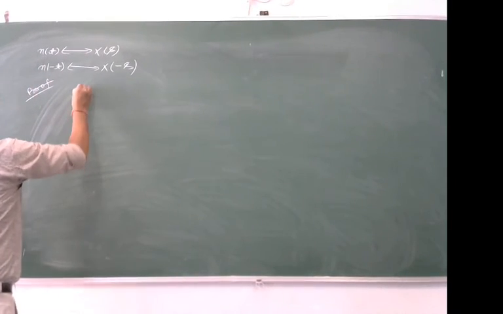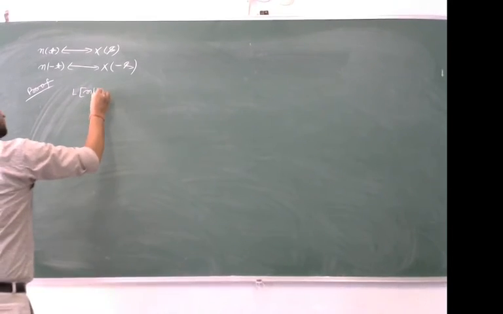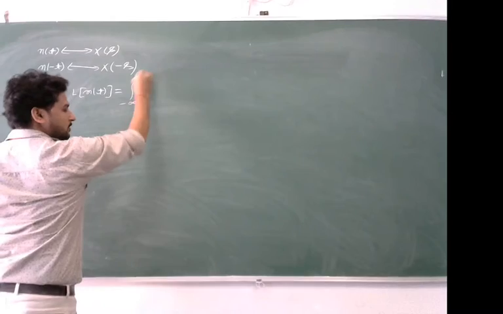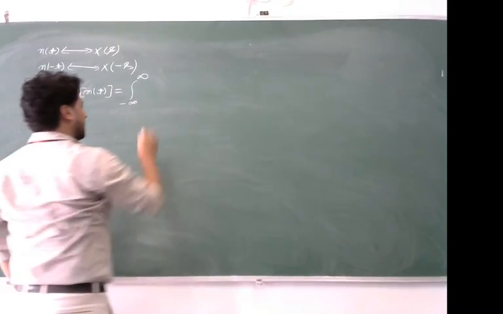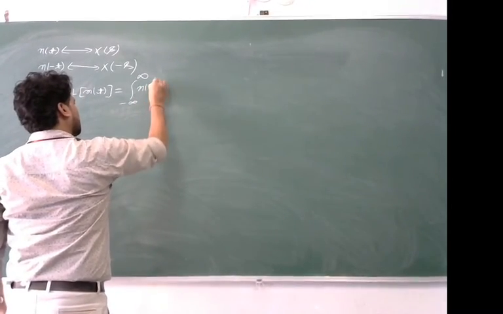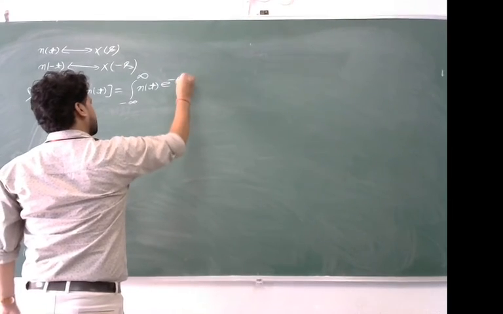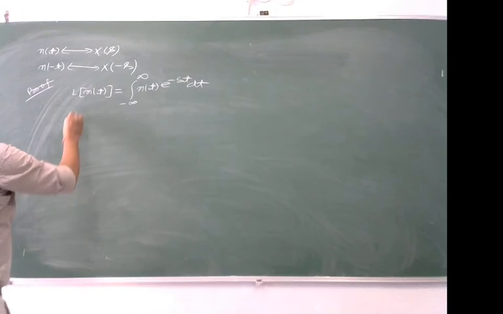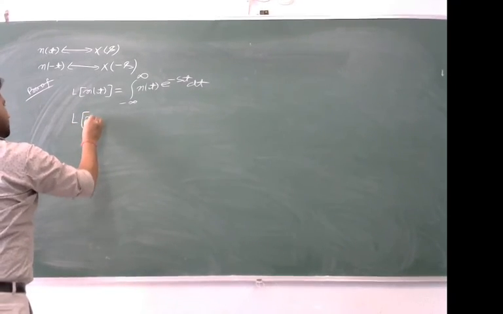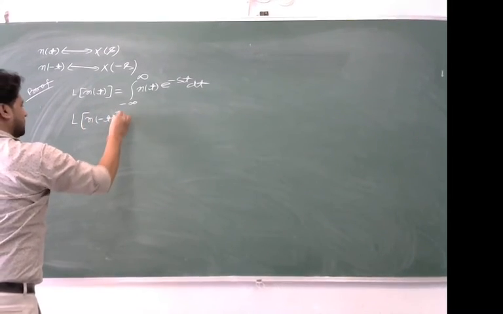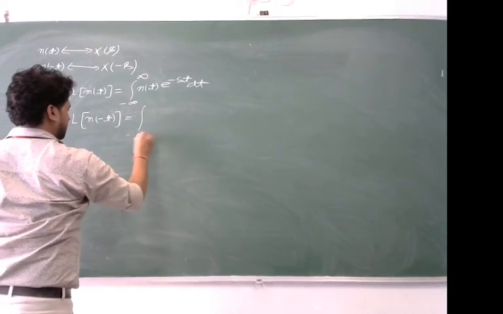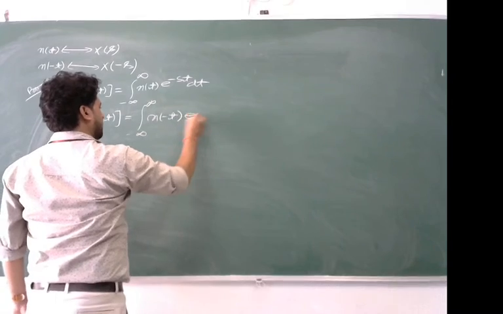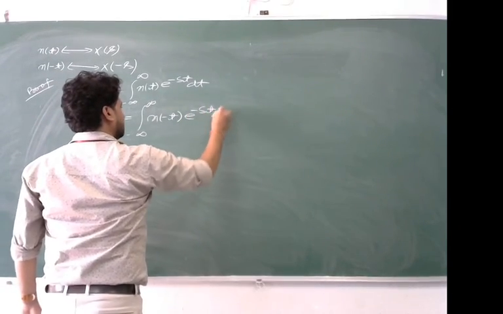We know the Laplace transform of x of t is equal to the integration from minus infinite to plus infinite of x of t into e power minus st dt. Then what will be the Laplace transform of x of minus t? This will be equal to the integration from minus infinite to plus infinite of x of minus t e power minus st dt.